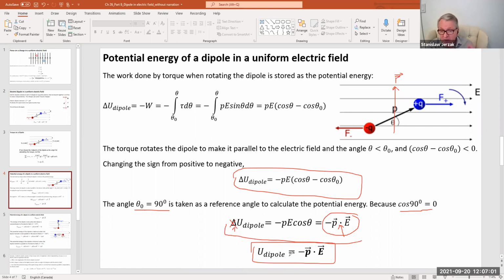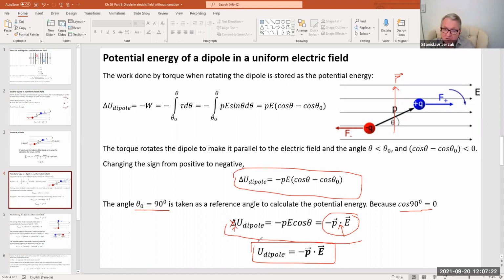But remember, I repeat for the 5th time, that this expression is really the energy of the dipole relative to the energy of the dipole when it is perpendicular to the electric field, and that energy of the dipole perpendicular to the electric field is equal to 0, according to this expression, right? Because cosine of 90 is 0.